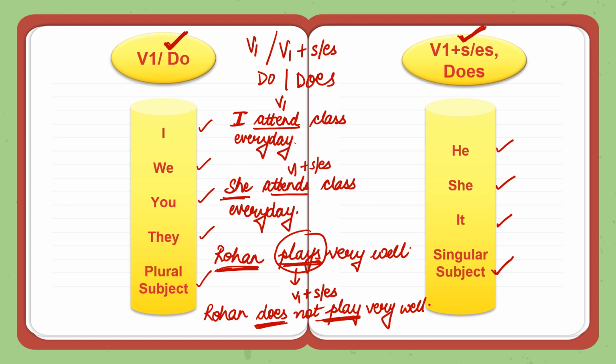Let's take one more example. Rita and Sita sing melodiously. Over here, we have plural subject, Rita and Sita. So we use only first form of verb. And to make negative of this, we have to use one helping verb.